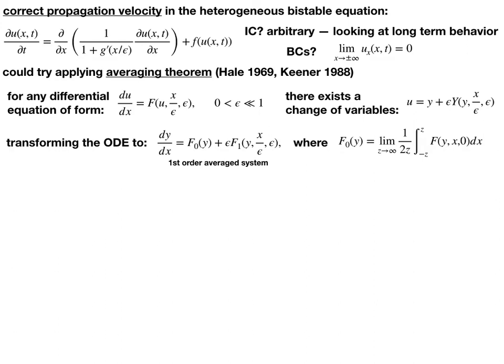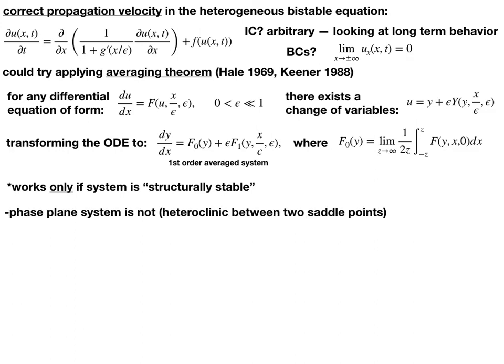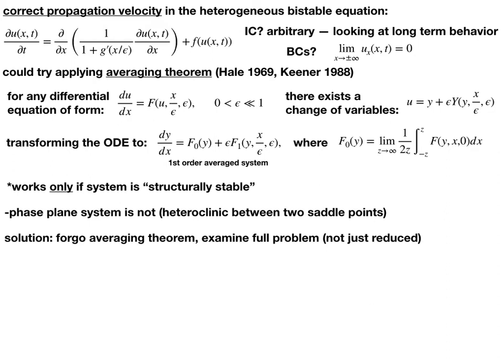Now, this only is going to work if our system or solutions are structurally stable, which we said at the beginning our traveling fronts are not. They're heteroclinics between two saddles, and so they're very fragile. And so the phase plane is not structurally stable, or the solutions that we're interested in.